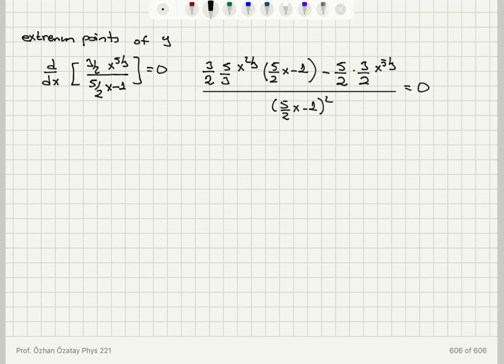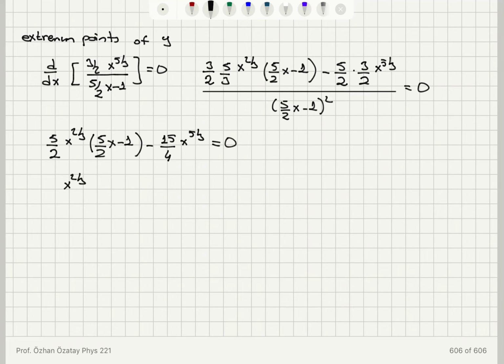So I find that 5 over 2 x to the power 2 over 3 times (5 over 2 x minus 1), minus 15 over 4 x to the power 5 over 3 must be equal to 0.